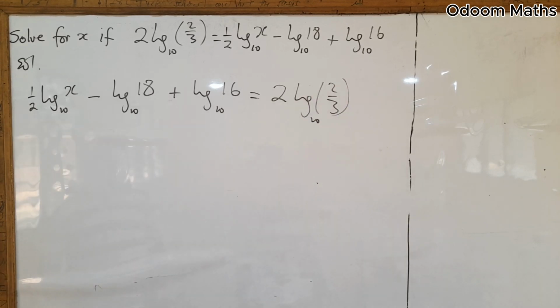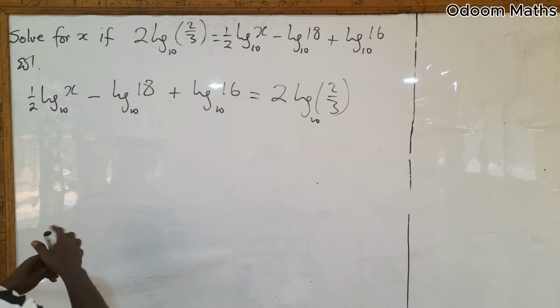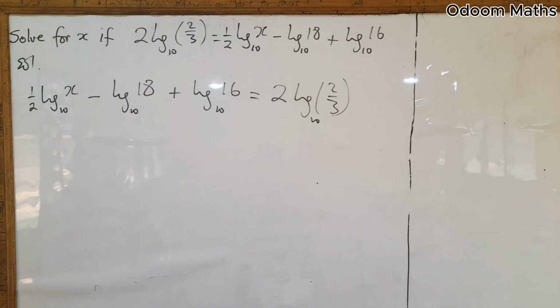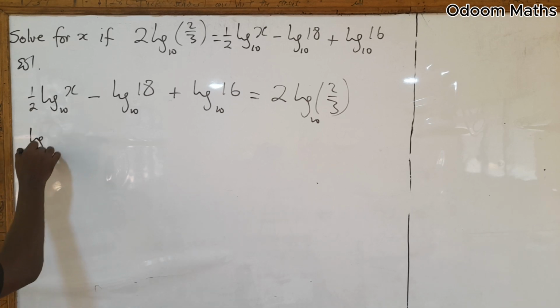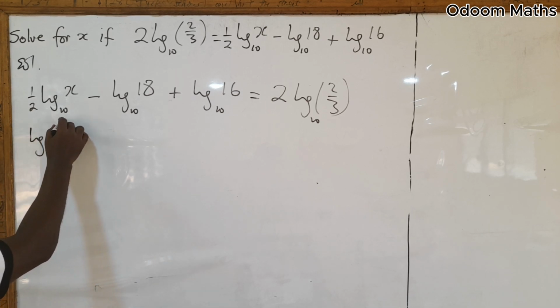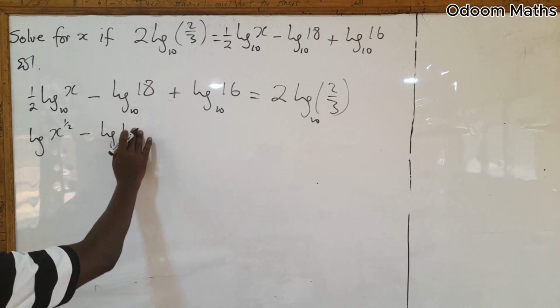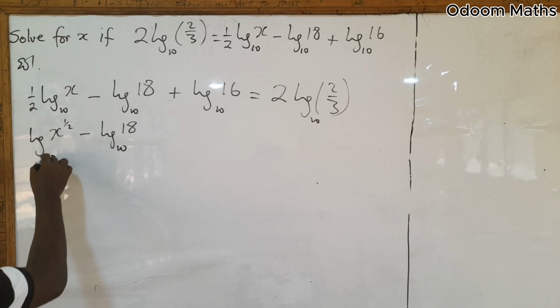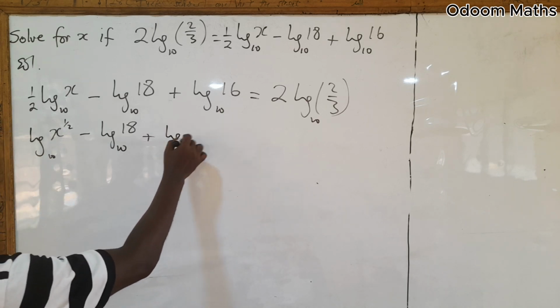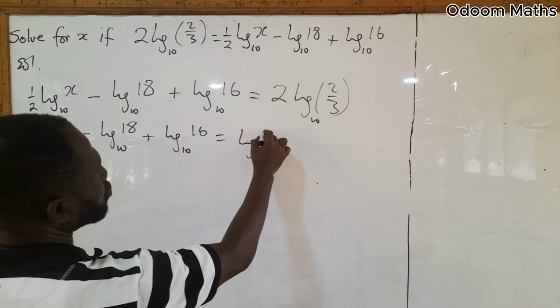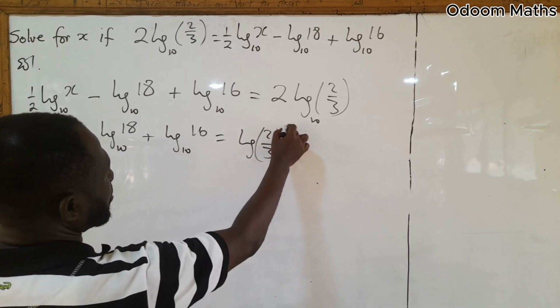So here, let me rewrite or introduce the third law here. So this is log x to the power half minus log 18, base 10, this is also base 10, plus log 16 base 10 equals log 2 over 3 to the power 2.